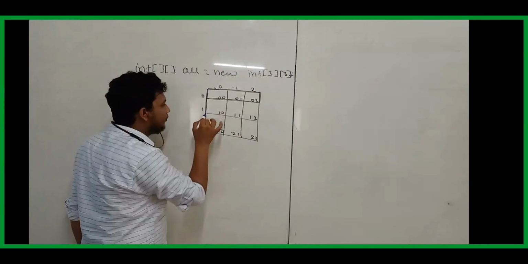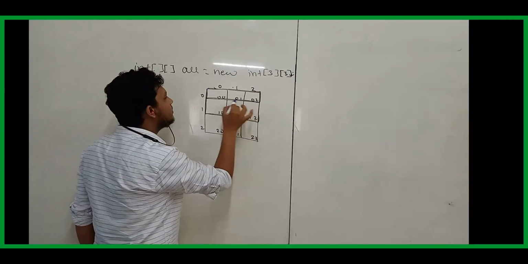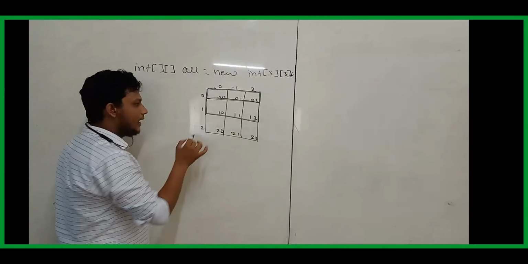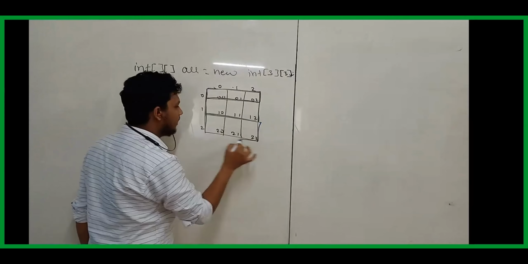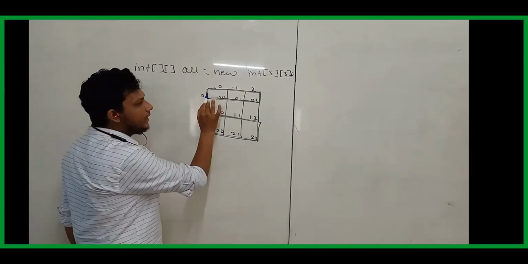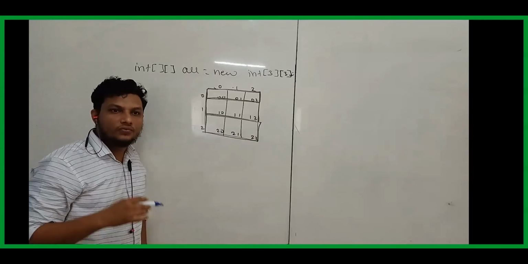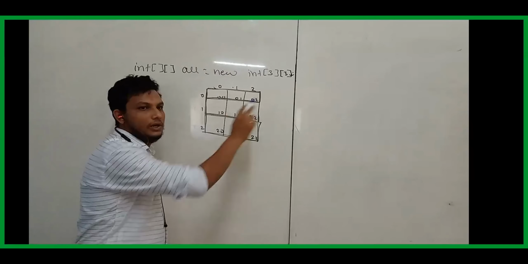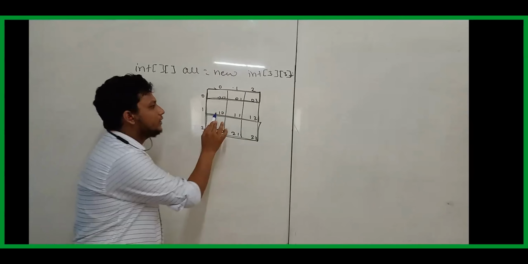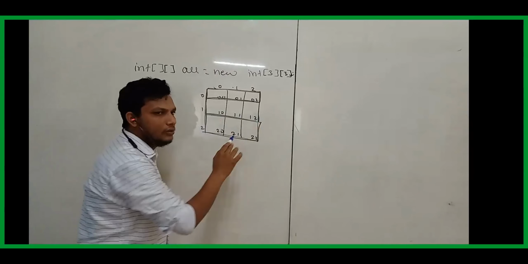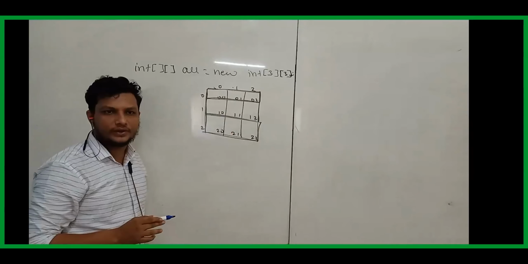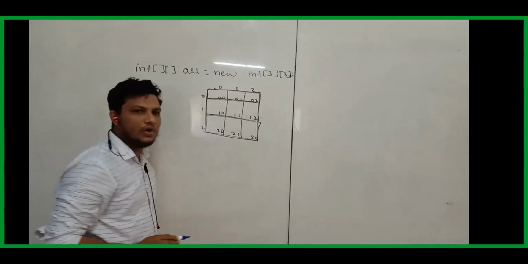Again, this second row is also a one-dimensional array, and the same with the last one. Now, to store the elements in this format, you used a for loop and traversed throughout the row. To traverse this row, one for loop is required, and again for the next row one for loop is there.